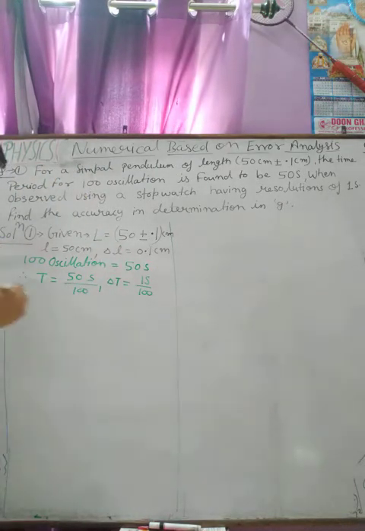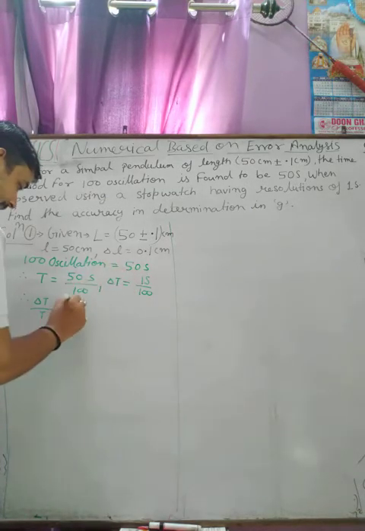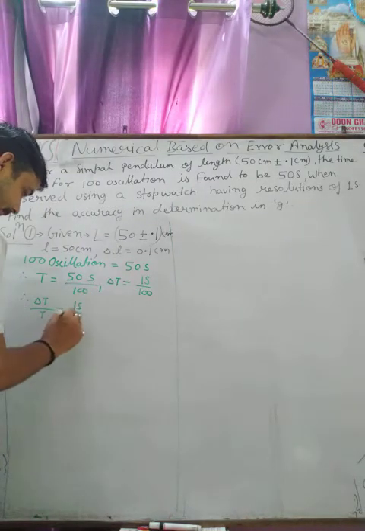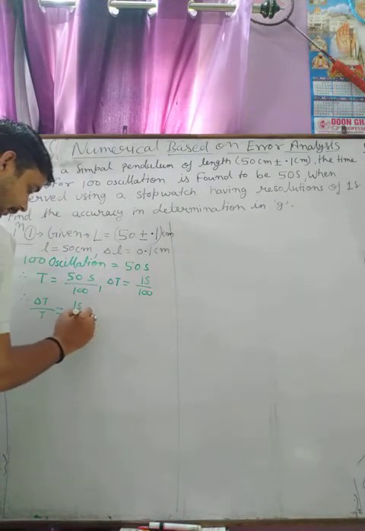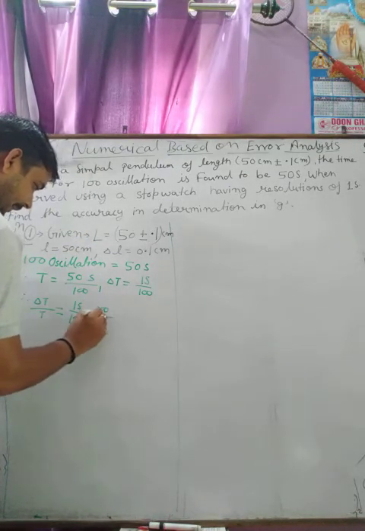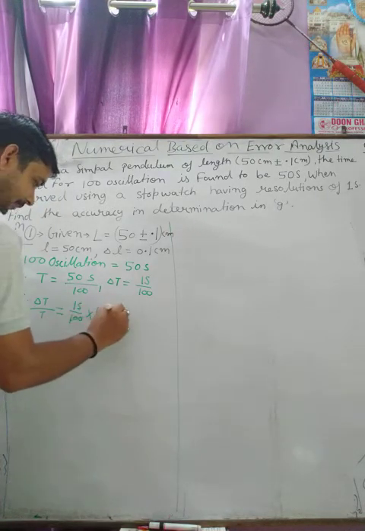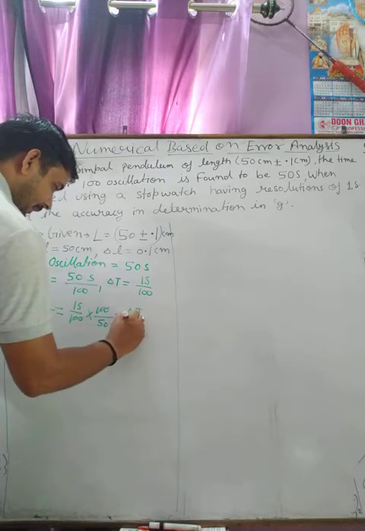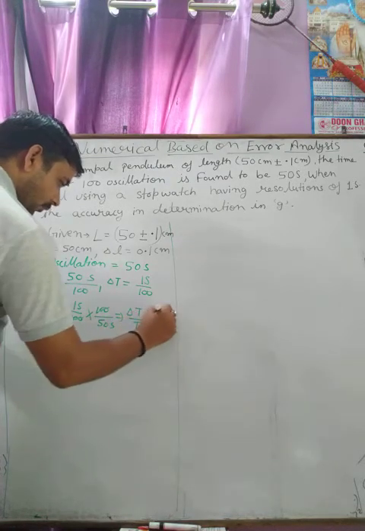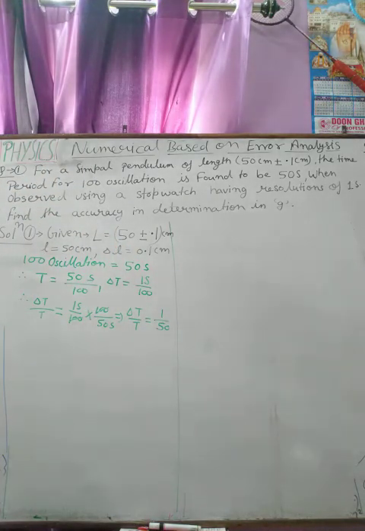Therefore we calculate here del t upon t, error in time, that is del t हमारे पास है स्टूडेंट 1 second upon 100 and into we can put it as 100 upon 50 seconds. So it will be cancelled by this and we get del t upon t is equal to 1 upon 50. This we have first which is given.